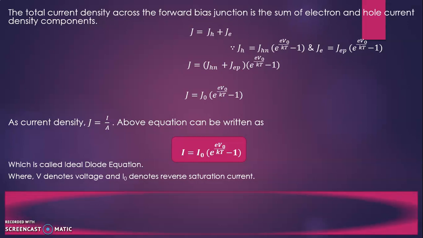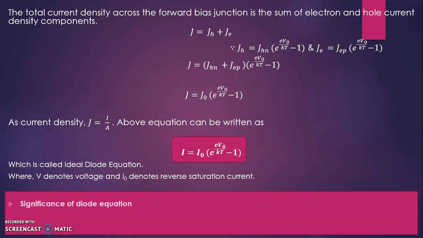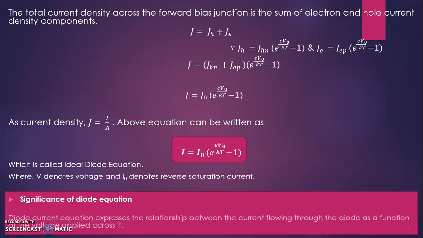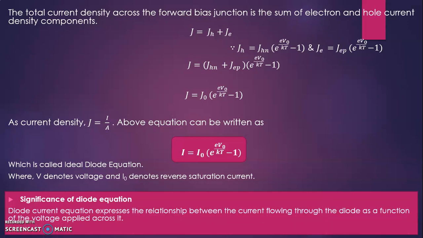So from this equation we can conclude the significance of the diode equation: the diode current equation expresses the relationship between the current flowing through the diode as a function of voltage applied across it.